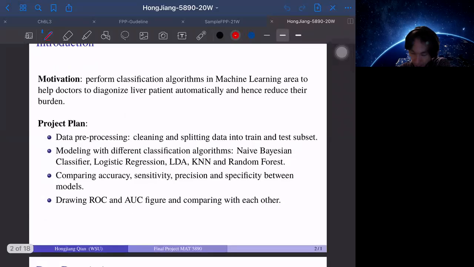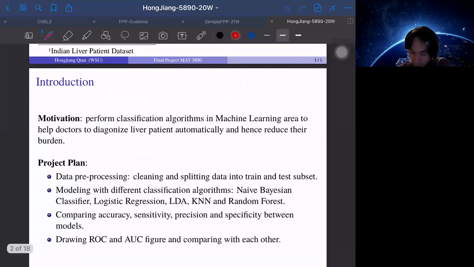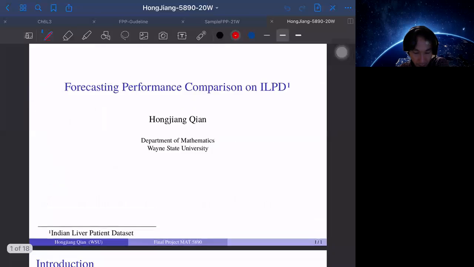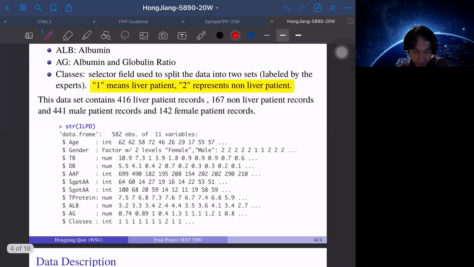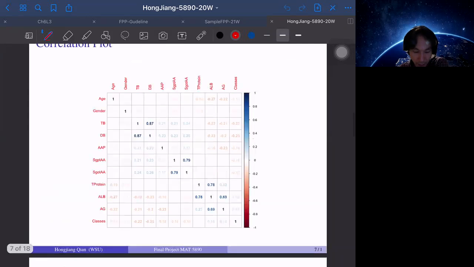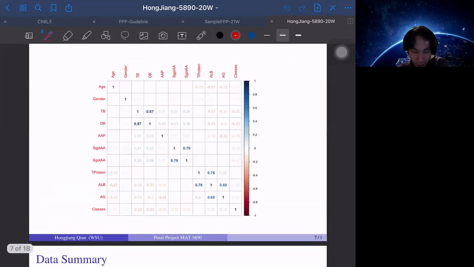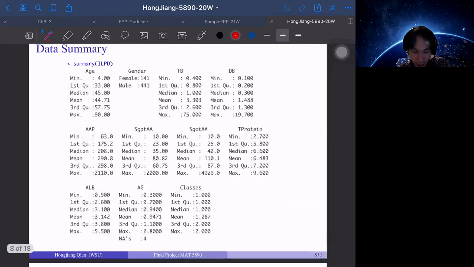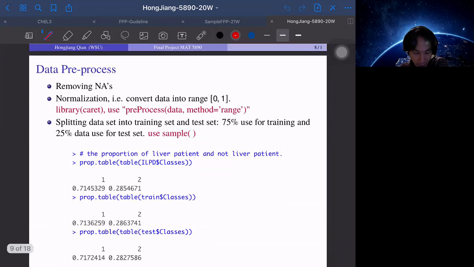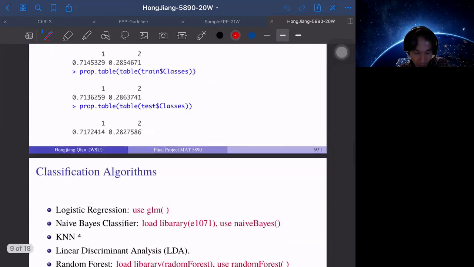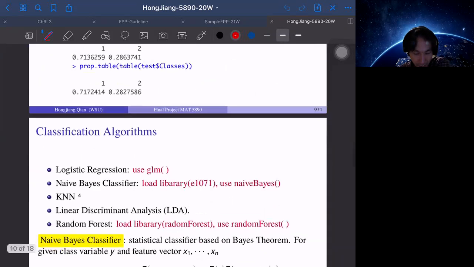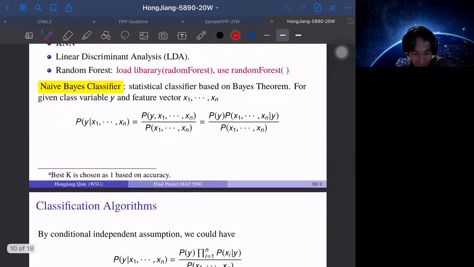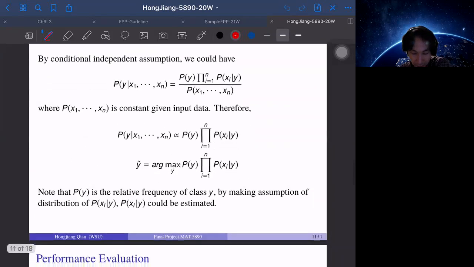Maybe I can go through it. It has data description, correlation between observations, the data summary, and so on. I suggest not to use R code in the presentation file; just make more beautiful and easy-to-read tables.